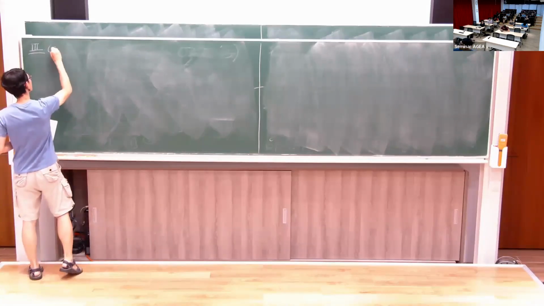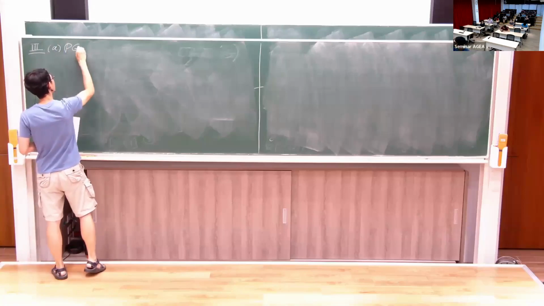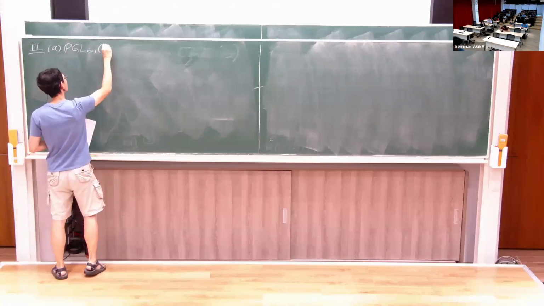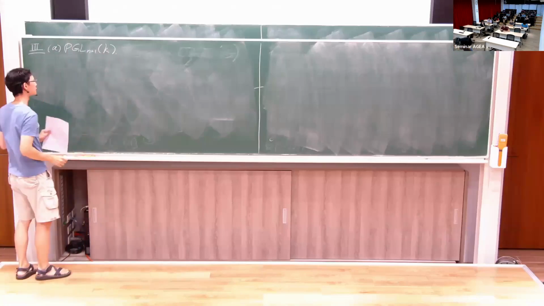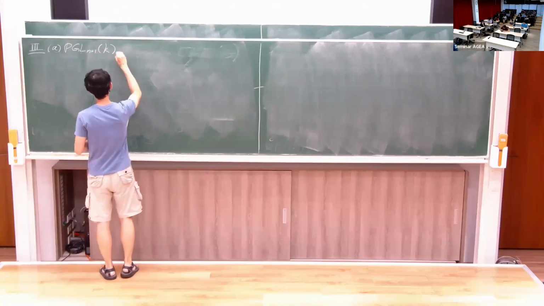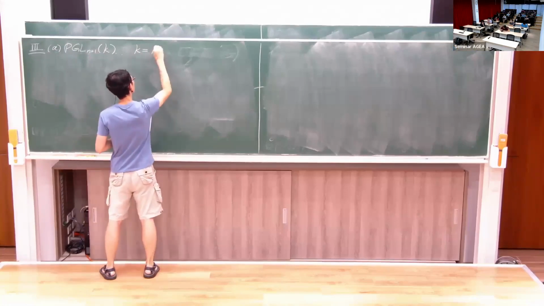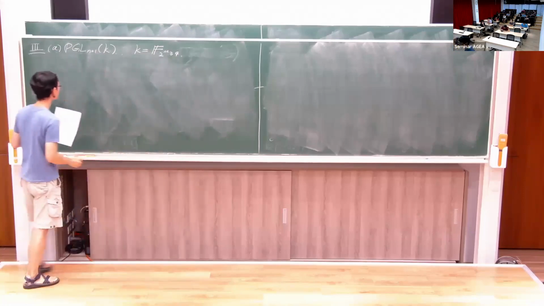Okay, so first of all, let's think about the easiest thing, PGL. For PGL, we can talk about it slightly more generally, in any dimension. In the following, my ground field K will always be F2 to some non-trivial power, greater or equal to 4.